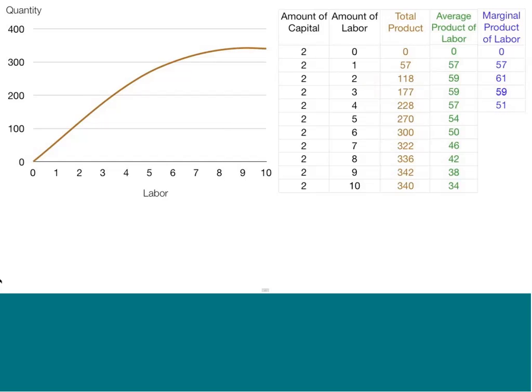Marginal product of labor, it's all in blue, obviously. And the last value is -2, which is kind of interesting. We'll talk about that more in a little bit. So when I move from 1 labor unit to 2 labor units, I look at the change in labor. And when I move in the upward direction, I look at the change in quantity. So marginal product of labor is the change in quantity divided by the change in labor.